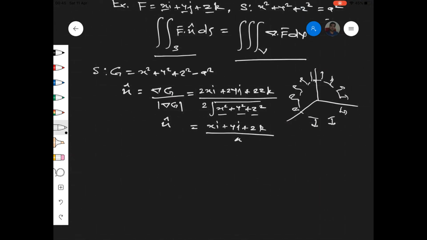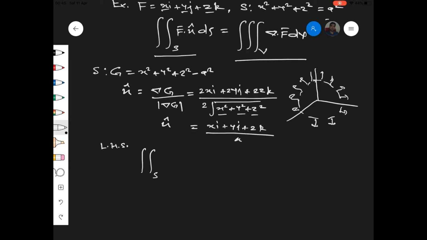Now we are in a situation to evaluate the surface integral, means left hand side, LHS. So double integral over the surface S, f dot n, we can separately evaluate it.